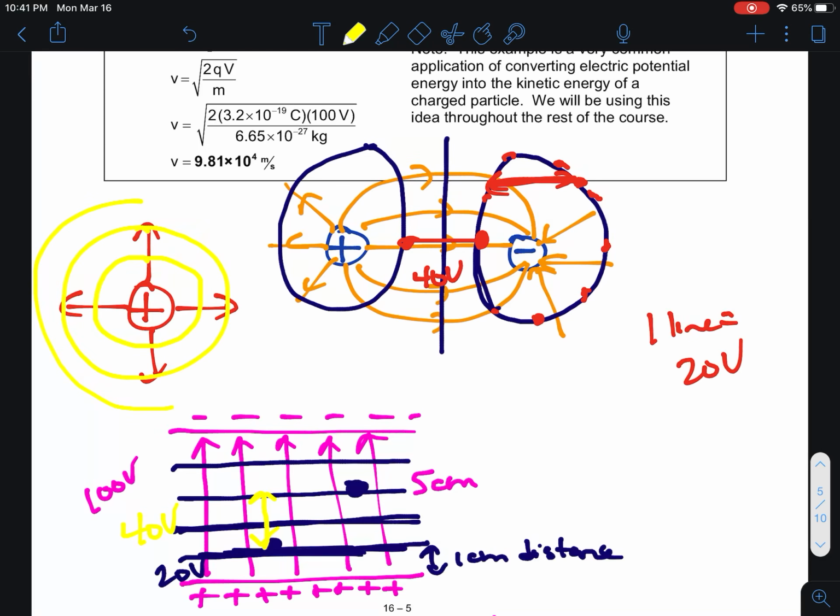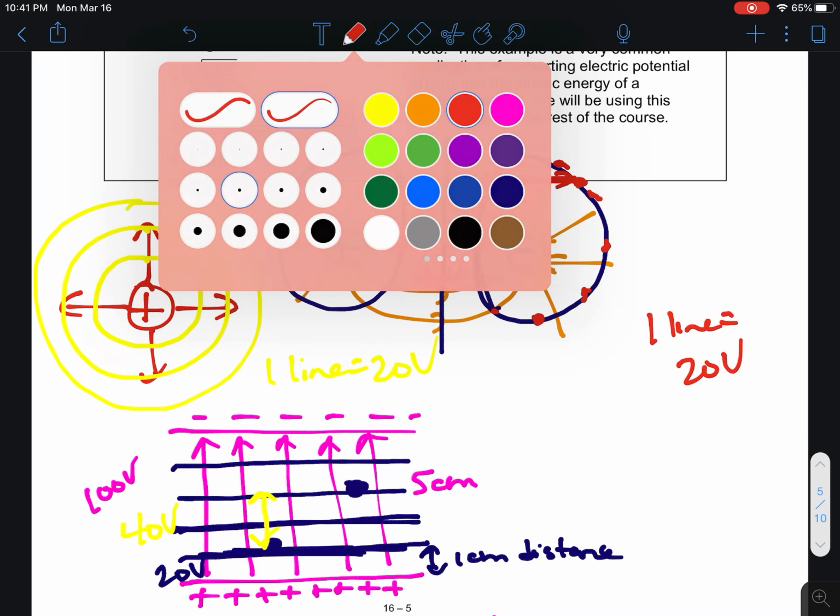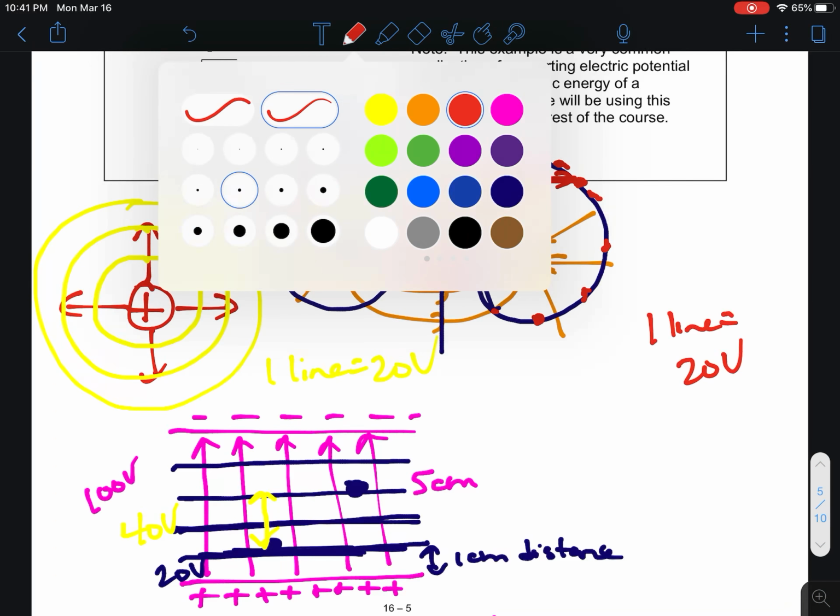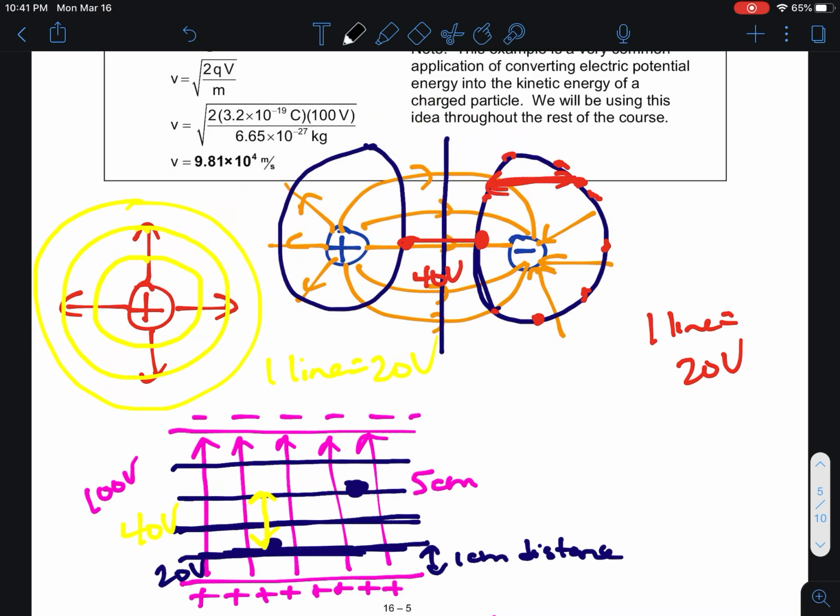And so by the same, if we said that each line was 20 volts, if something passed from, new color, let's go with black, from here to here, it's gone through 20 volts.